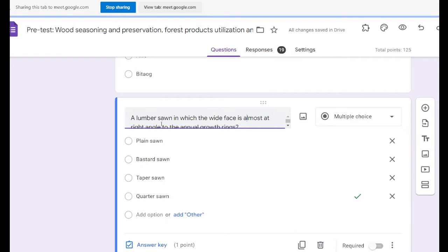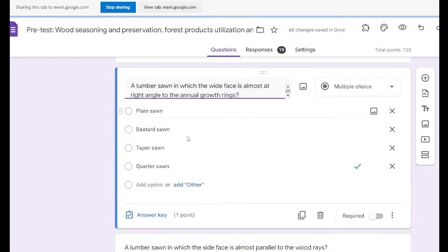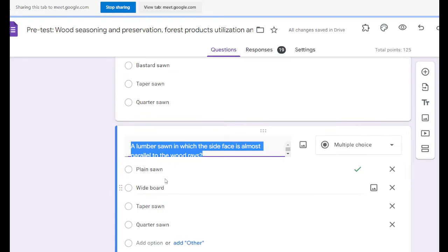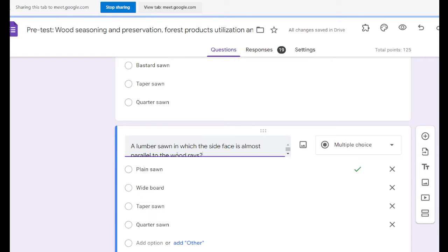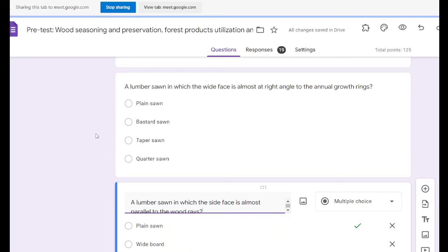Ingon niya dire, lumber sawn in which the wide face is almost at right angle to the annual growth rings, and the lumber in which the side face is almost parallel to the wood rays. Okay? Imagine niyo nganong matawag ni nato siya og plain sawn ug kini matawag nato og quarter sawn sa ilang mga kalainan.